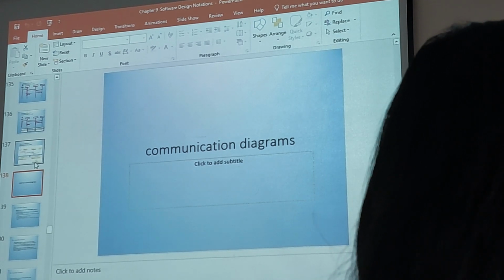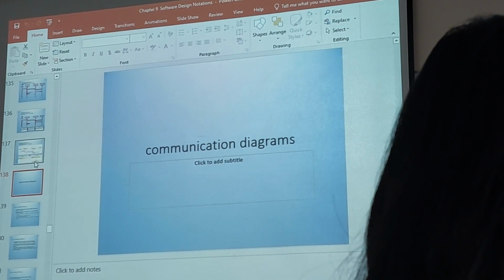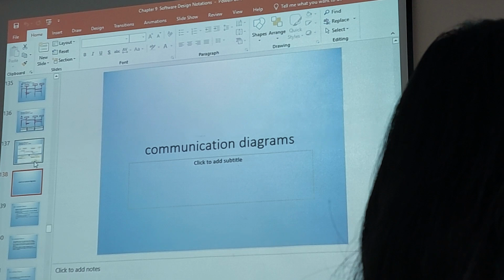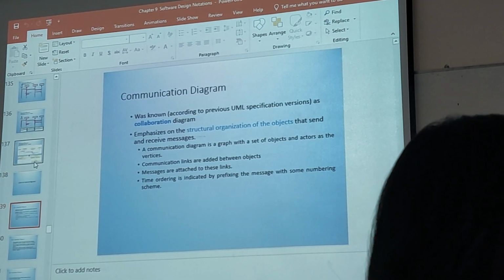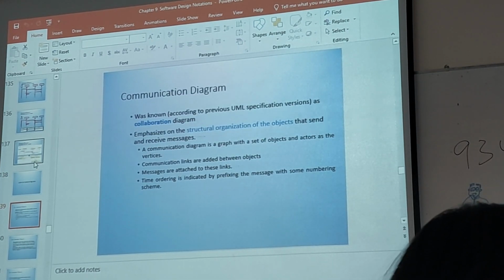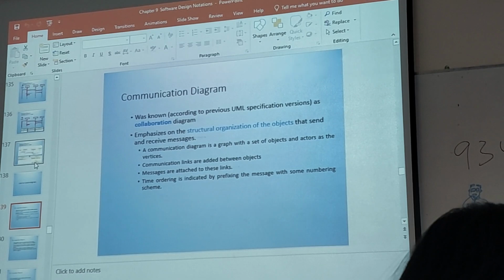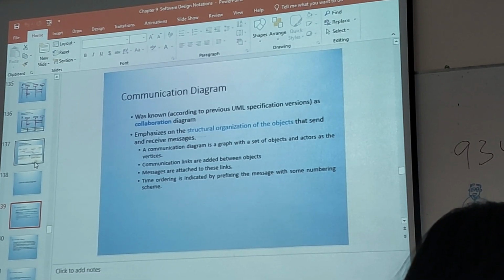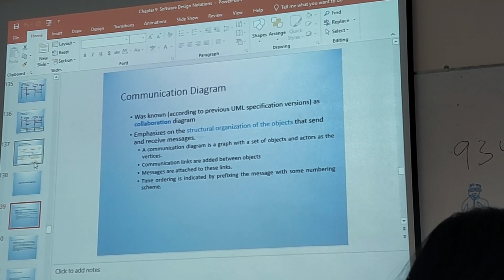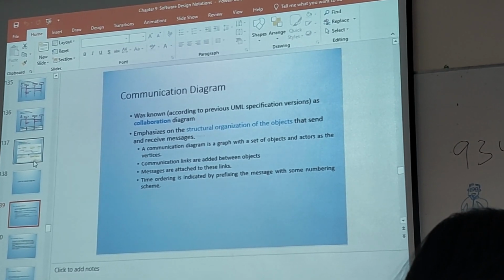Right? Okay. So now we come to the communication diagram. This is almost similar to the sequence diagram, but a bit easier because the notation is less than the sequence diagram. It is also known as a collaboration diagram. It emphasizes the structural organization of the objects and how messages are sent and received between the objects.